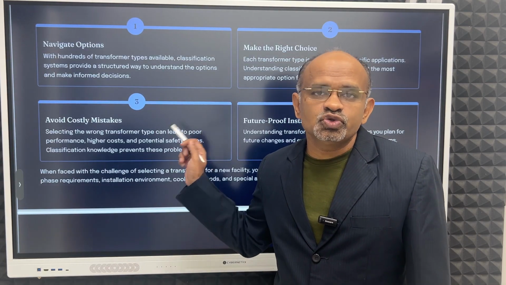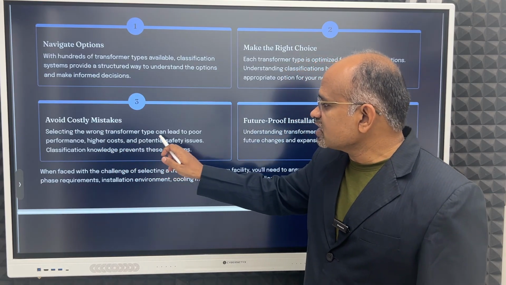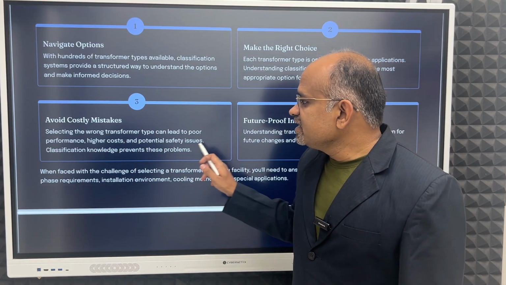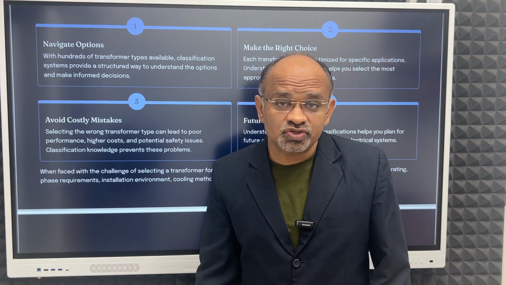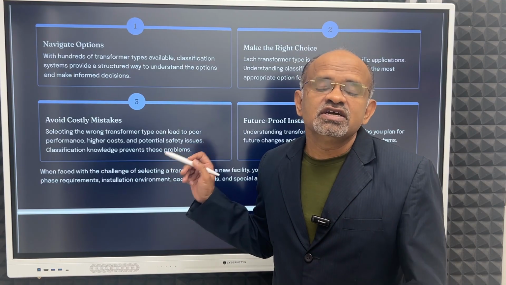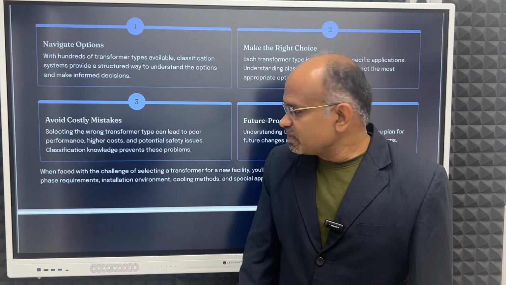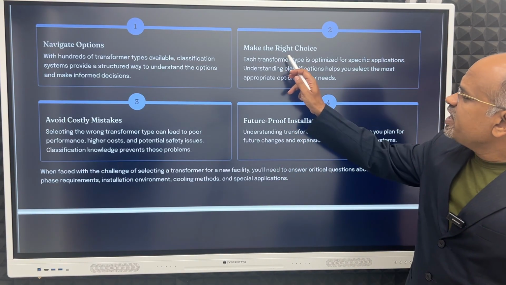Selecting the wrong transformer type can lead to poor performance, higher cost, and potential safety issues, even safety issues. So it is very much important to select the right transformer. To prevent these problems, make the right choice.